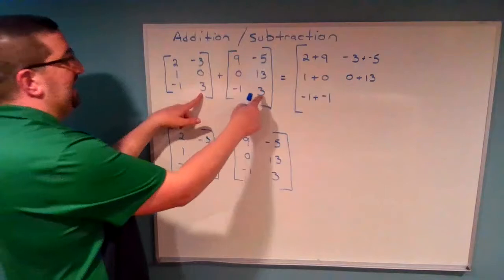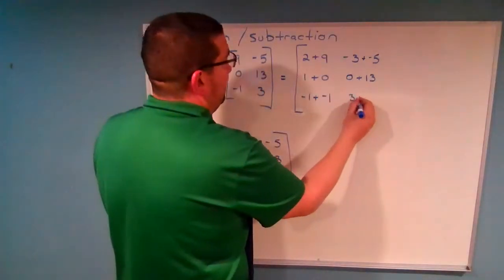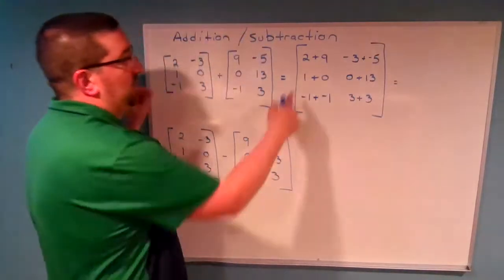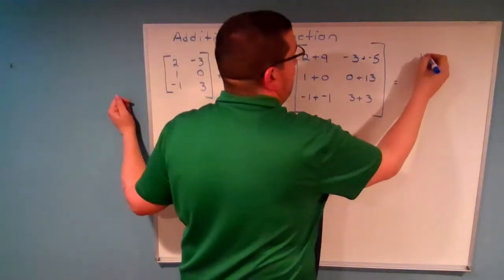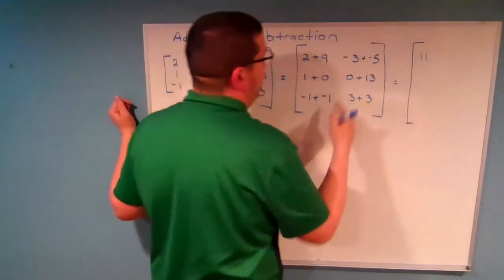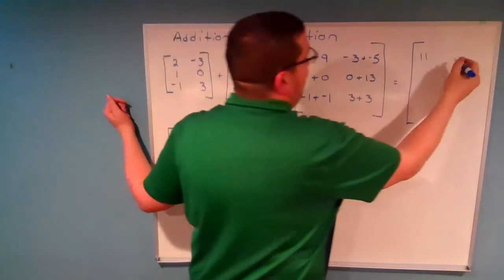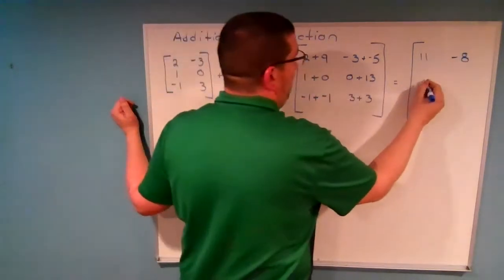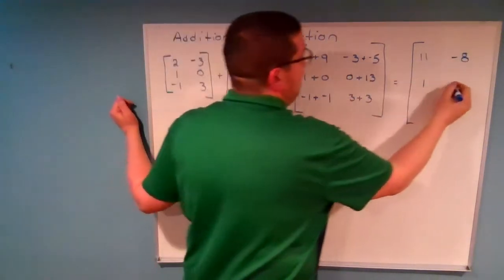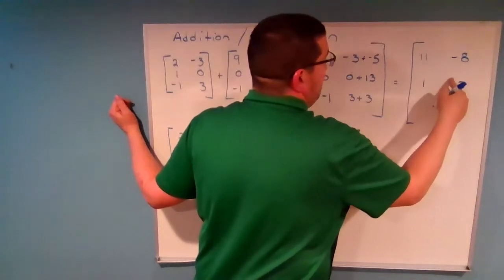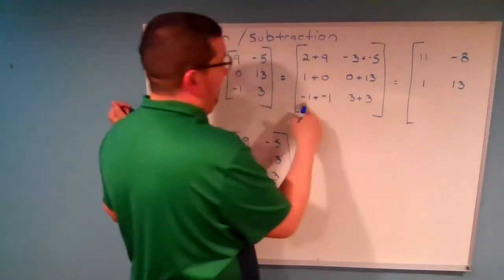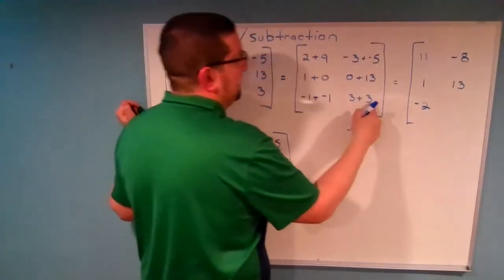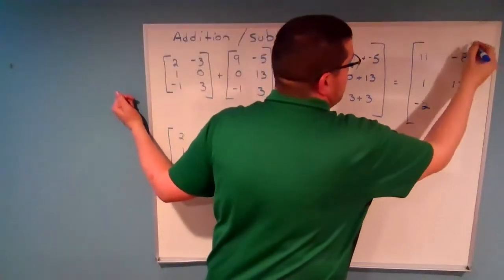And row 3, column 2 would be 3 plus 3. So 2 plus 9 is 11. Negative 3 plus negative 5 is negative 8. 1 plus 0 is 1. 0 plus 13 is 13. Negative 1 plus negative 1 is negative 2. 3 plus 3 is 6.